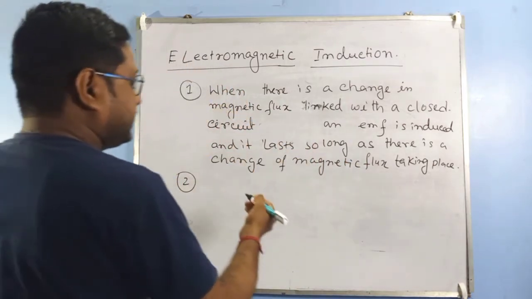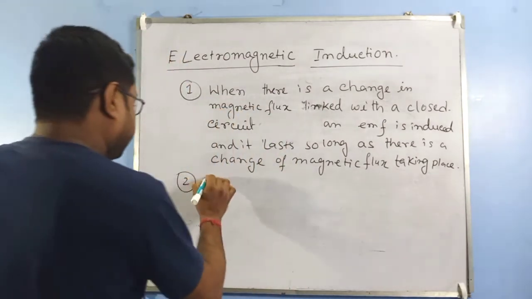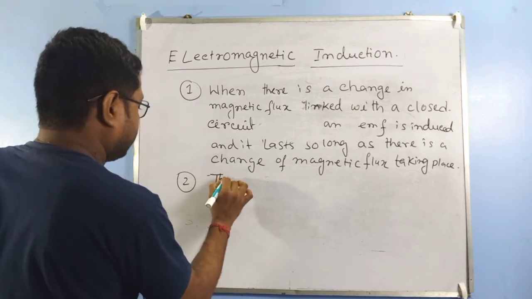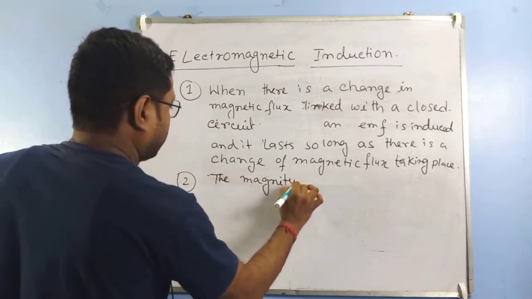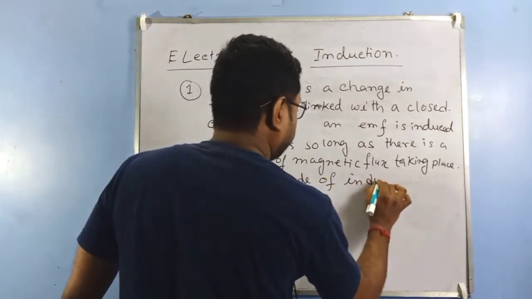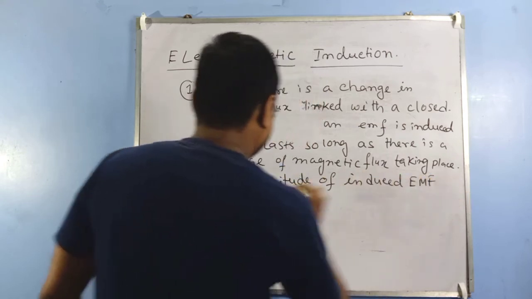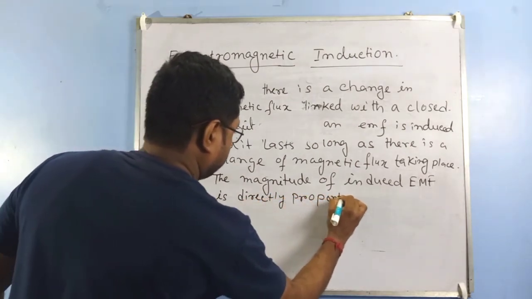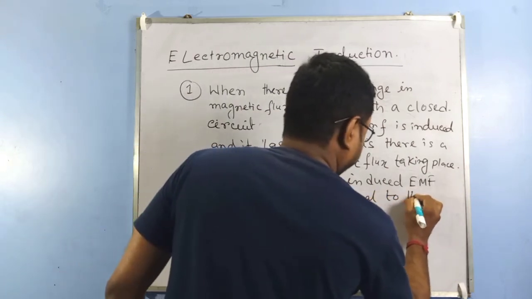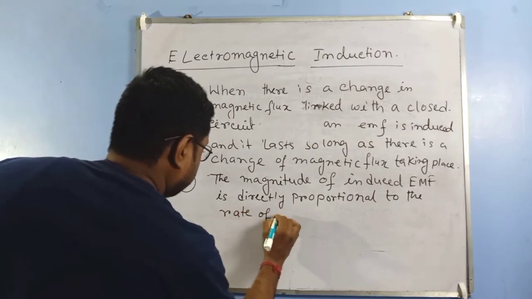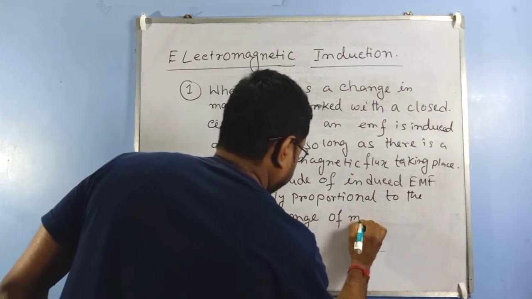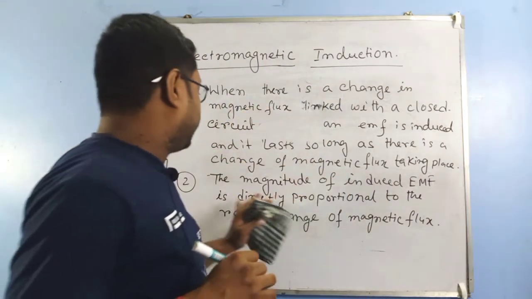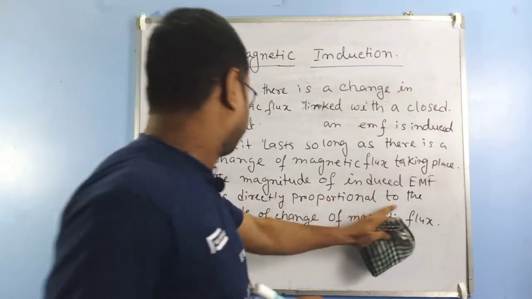Number 2, which gives the magnitude of induced EMF, says that the magnitude of induced EMF is directly proportional to the rate of change of magnetic flux.